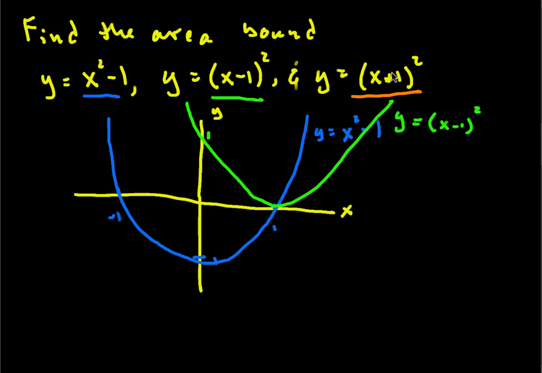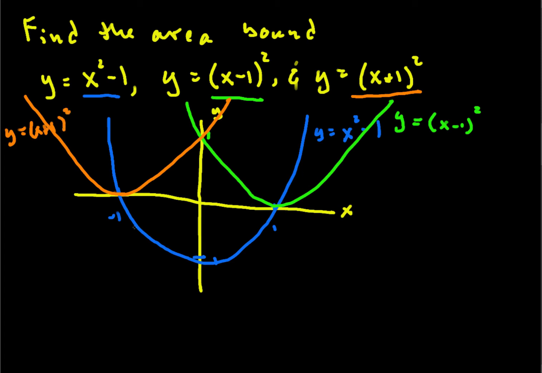So this graph right here, y equals x plus 1 quantity squared, again, same like this. It's the x squared term shifted to the left now, and so it's going to look something like this. And it will cross at the same place. So this is y is equal to x plus 1 squared.